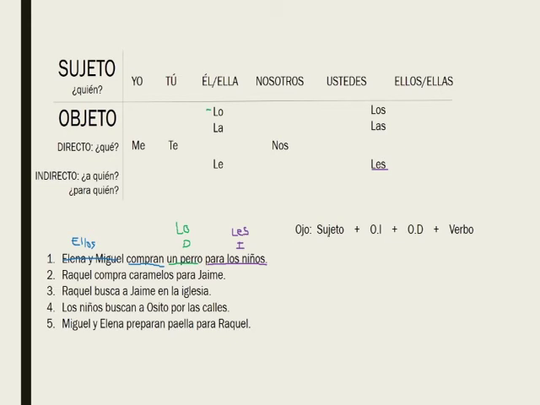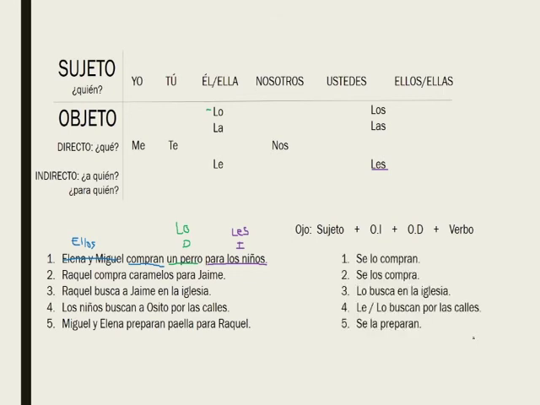Subject pronoun, indirect object pronoun, direct object pronoun, and then we finish with the verb. So our sentence is going to look like this. Se lo compran, because I cannot say les lo compran. Ellos les lo compran is incorrect. Ellos se lo compran. They buy it for them.